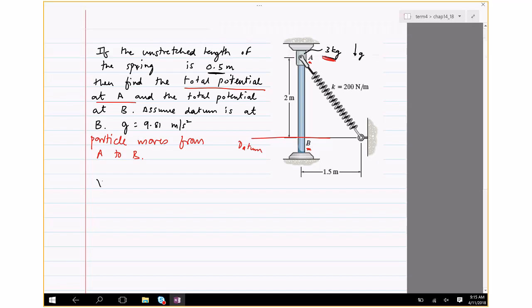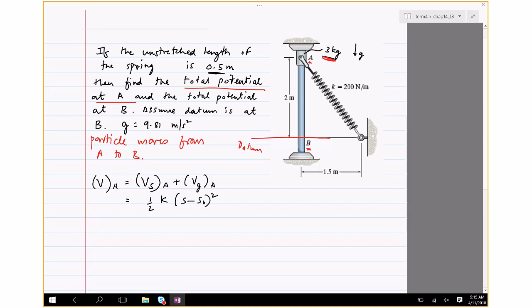Okay, so first question is find the potential at A. As I said, the only two things we need to remember are spring potential and gravity potential. There's gravity here, there's a spring here, so we'll write the potential due to spring at A and the potential due to gravity, Vg at A. The spring potential is half k (stretched length minus unstretched length) squared, the same formula I wrote down with a positive sign, right?